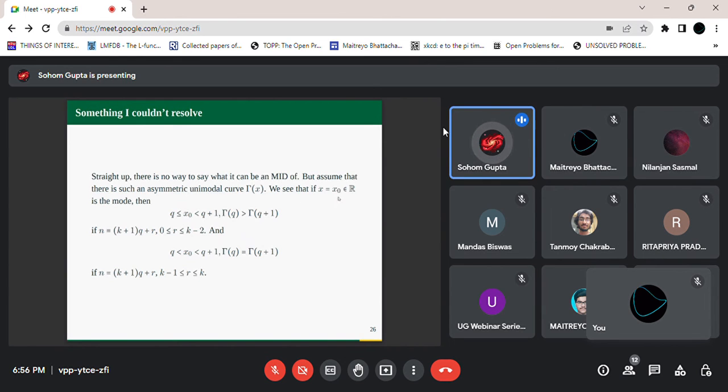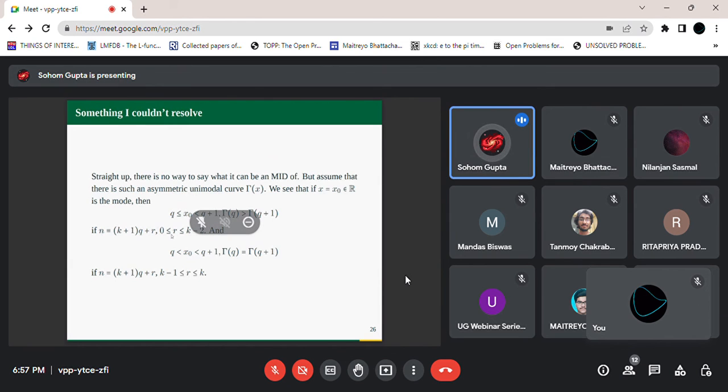So say x equals x naught is the mode, so it's unimodal, there's only one mode, under the general real case. Then x naught lies between q and q plus 1, such that gamma q is greater than gamma q plus 1 if n over k plus 1 has quotient q and remainder r, where 0 less than or equal to r less than or equal to k minus 2 in this case, not k minus 1, because I added one extra term.